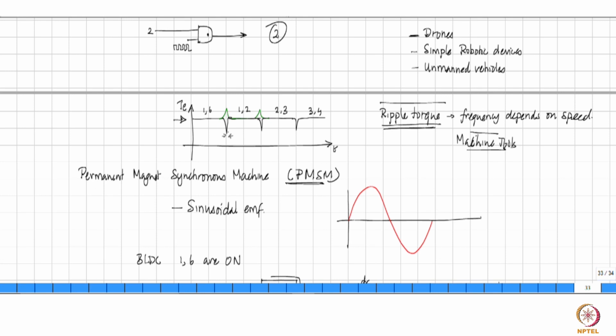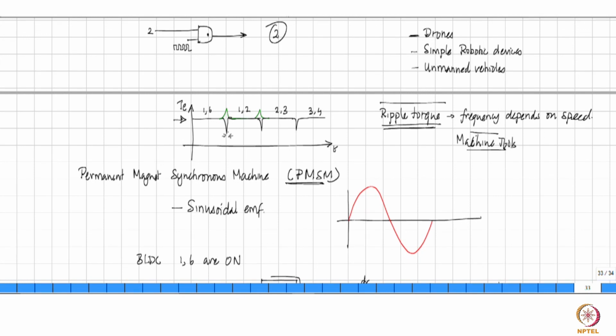Current also will have a ripple, yes, during that small interval. Yes, it arises because of the inductance, right? So during that small interval, you notice that one phase which was off now has to start conducting, right?